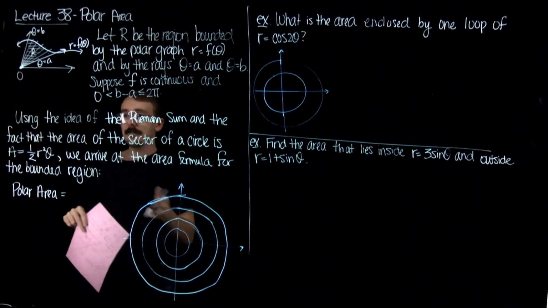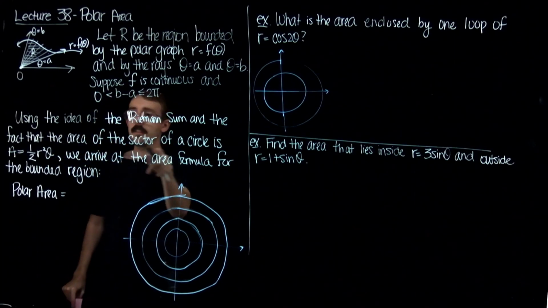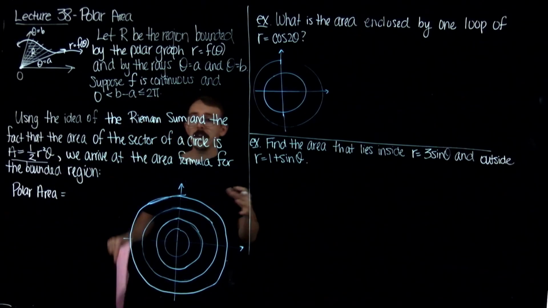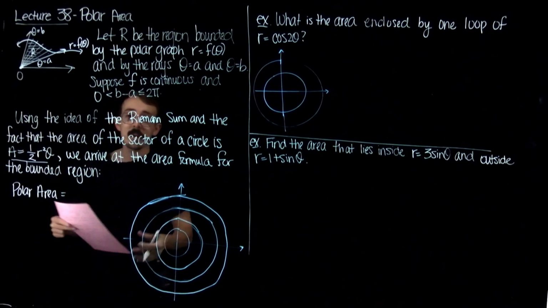So we're going to use the idea of Riemann sums and the fact that the area of a sector of a circle is this formula right here. We can combine these two ideas to arrive at the area formula for this bounded region using integration.